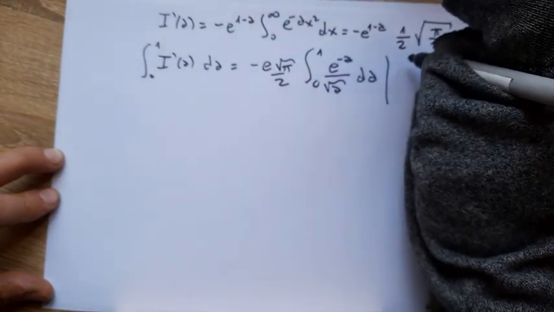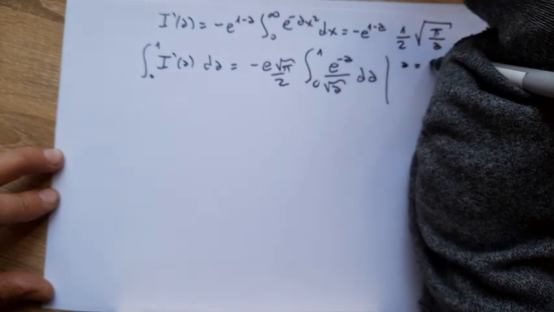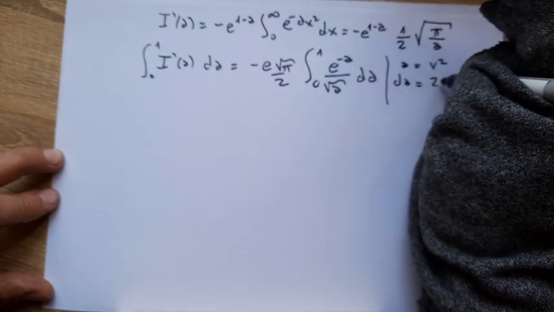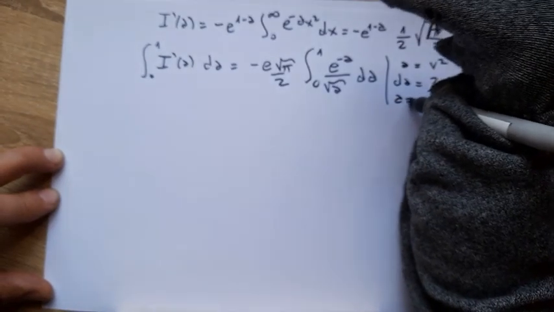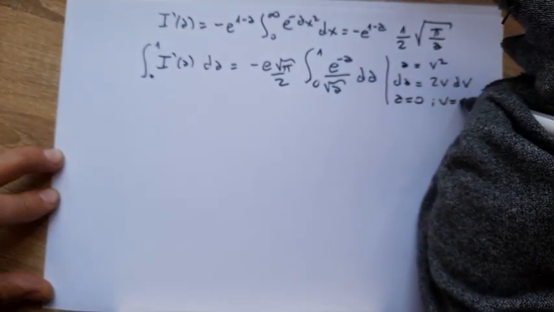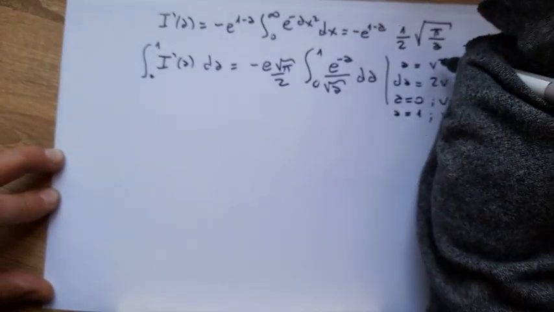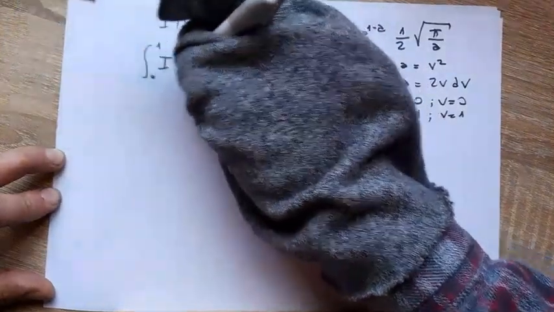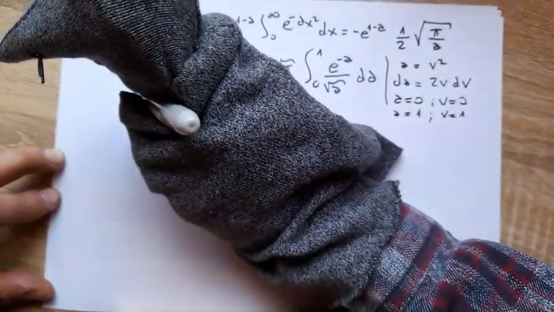Indeed, we will make the variable change a equals v squared, so dA equals 2v dv. And we can easily see also that when a equals 0, v equals 0, and when a equals 1, v equals 1, because it's just a quadratic function. Here the integral of the derivative is just the function that was differentiated.